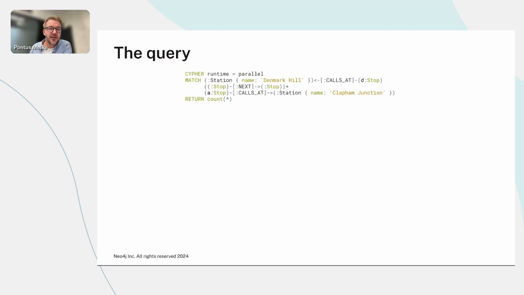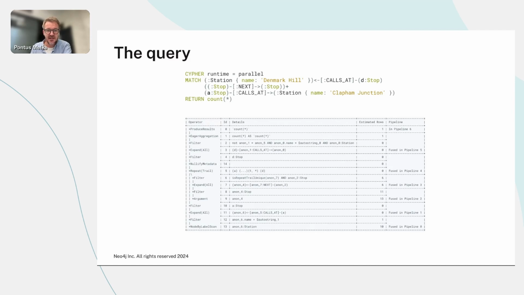It's counting the stations or stops between a station called Denmark Hill and Clapham Junction. And if you run this with explain, or if you use the text representation of the plan in Browser or similar tools, you will see something like this.